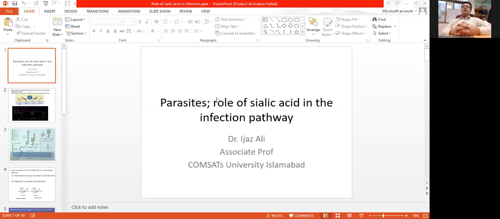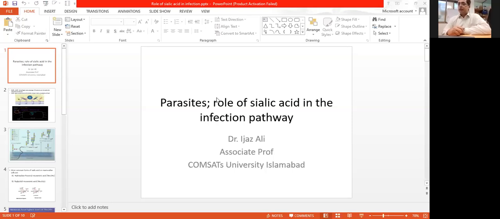For instance, we discussed different traits like the sickle cell anemia trait and the G6PD deficiency. These are genetic adaptations in the human population which are conferring some kind of resistance to the malarial infection.